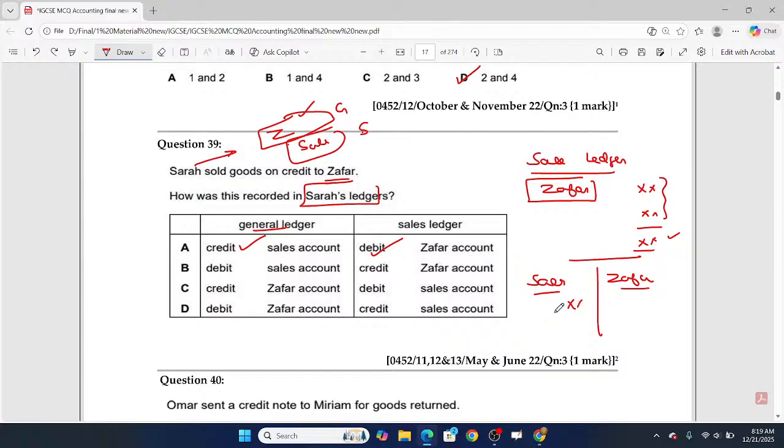So in the general ledger, sales will be in the credit side, and in the sales ledger, it should be in the debit. That's how you can think over.